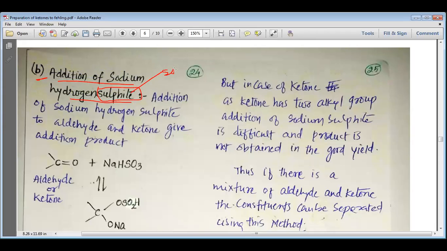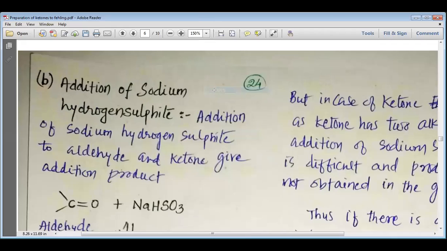Sulfite is SO3 minus 2. So sodium hydrogen sulfite is your NaHSO3. Please remember this, that we are going to study here about NaHSO3. Let us understand the topic in detail.